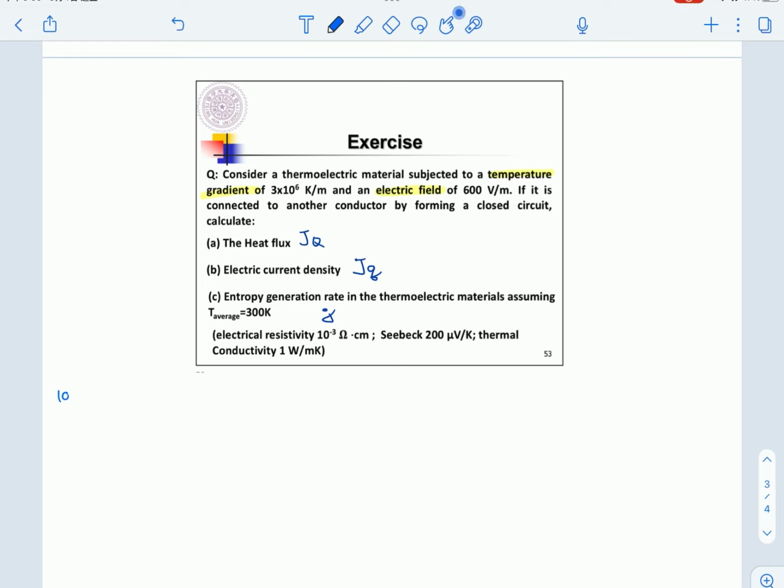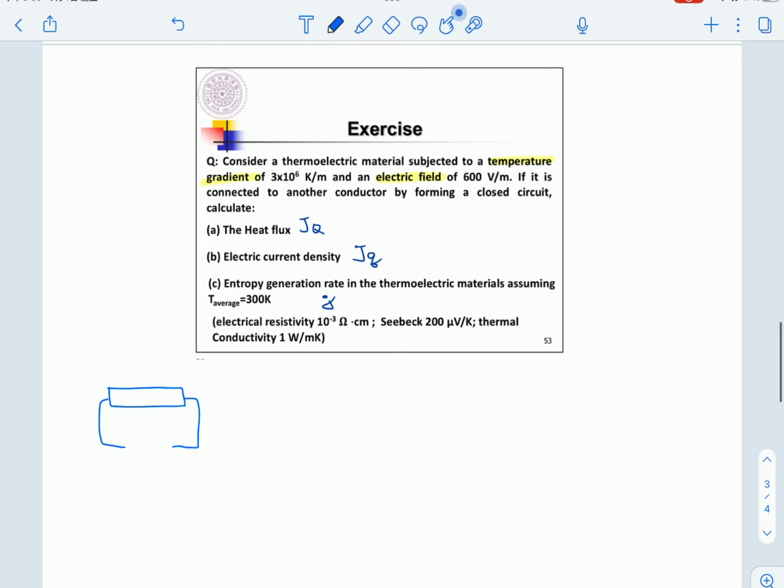Okay, so let's do this. First of all, we need to draw the pictures. We have the material here, and we connect it with an electrical field. Okay, so we assume this is T1, this is T2, and this is phi 1, this is phi 2.